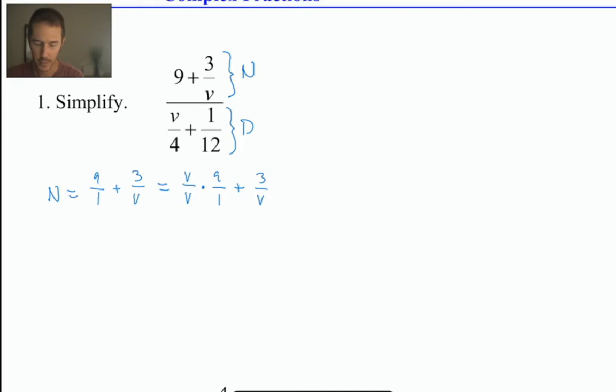What it allows us to do is write that first fraction as 9v over v. The second fraction is still 3 over v, and we'll write that now as one fraction, 9v plus 3, all divided by v. Maybe we put a circle around it, and that is our big numerator.